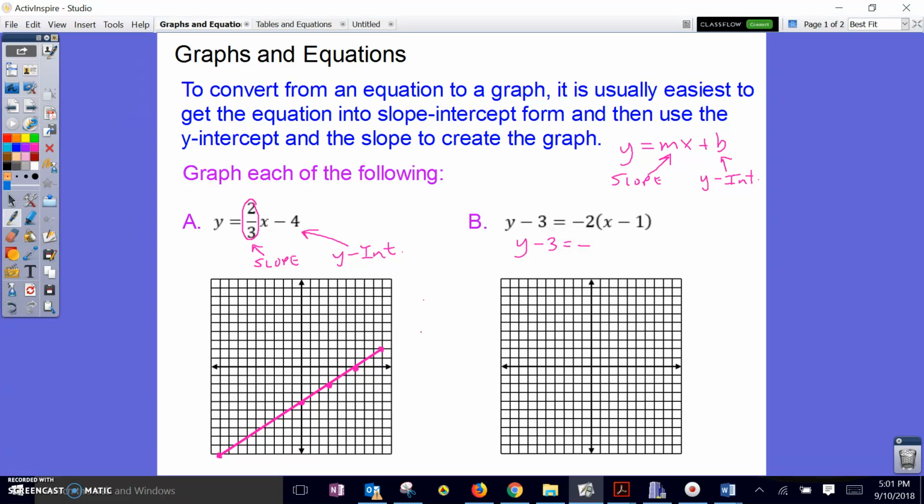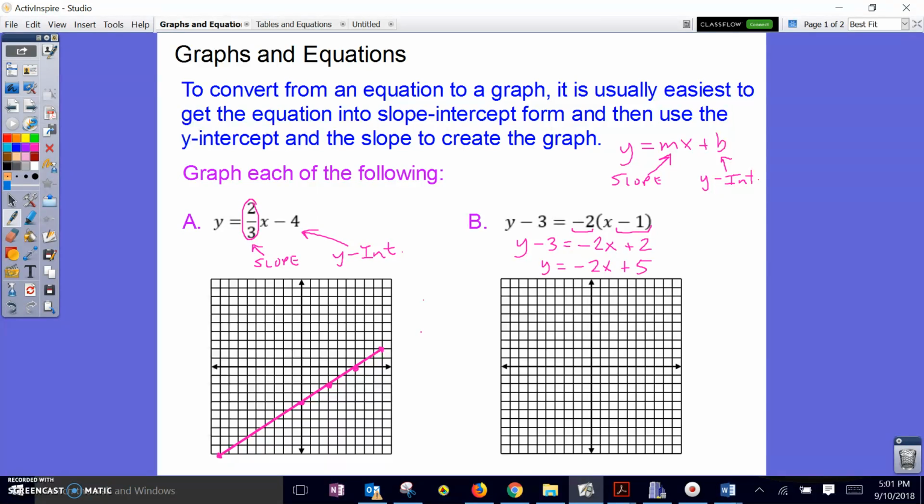So -2 times x gives us -2x, and -2 times a -1 gives us a +2. And then we will add 3 to both sides to get y by itself, and we end up with the equation y equals -2x plus 5.